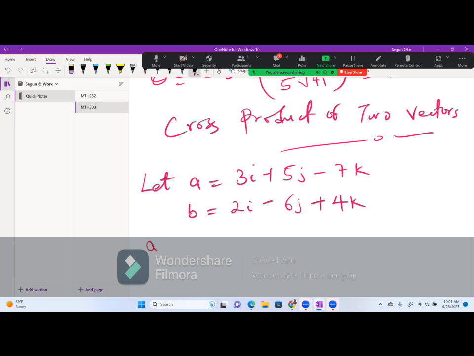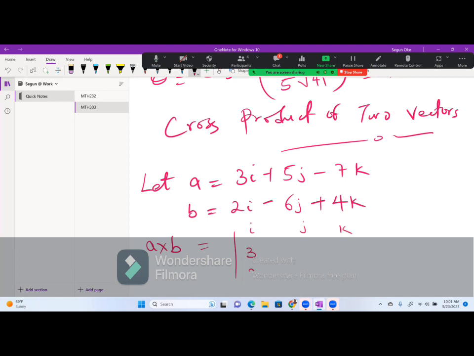So A cross B, this is cross. A cross B. What does it mean? It simply means i, j, k.